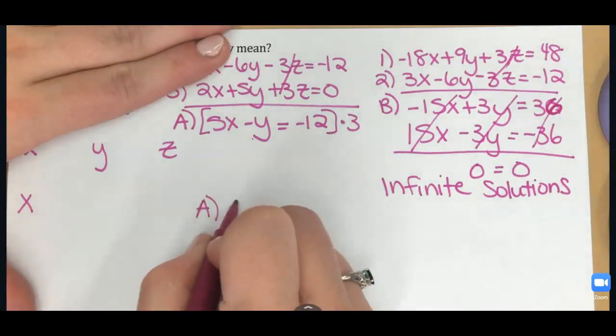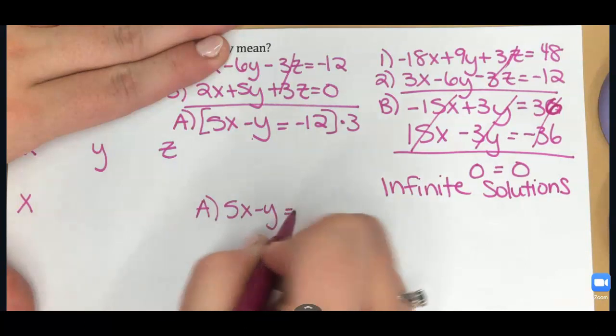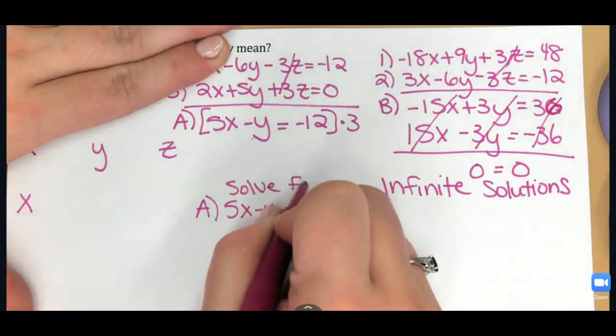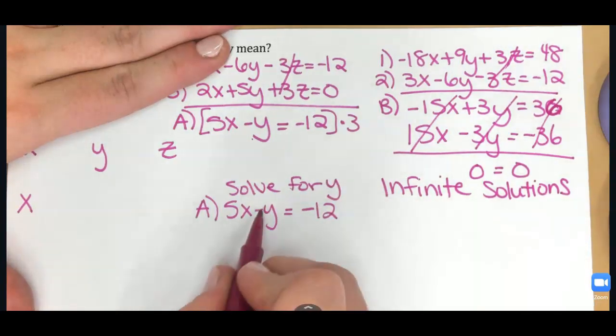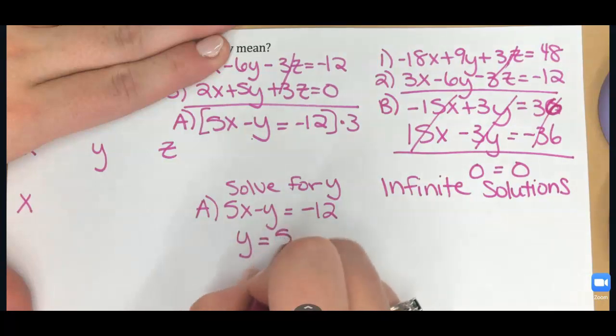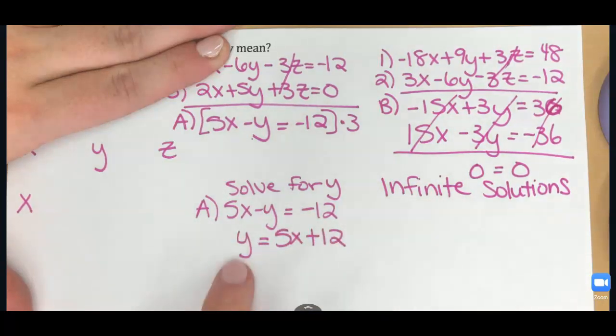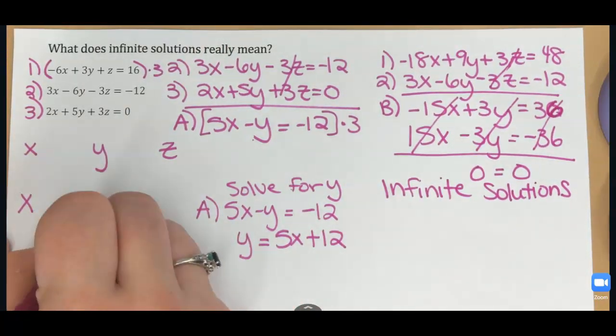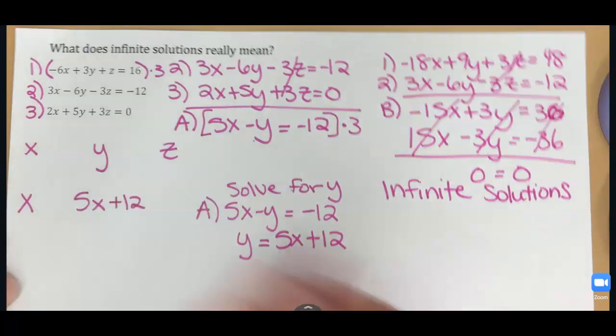So I'm going to take equation A and solve for y. That just means get y by itself. If I move the y over and move the 12 over, I get that y is 5x plus 12. So I have an expression for y that has x in it. So x is x, y is going to be 5x plus 12.